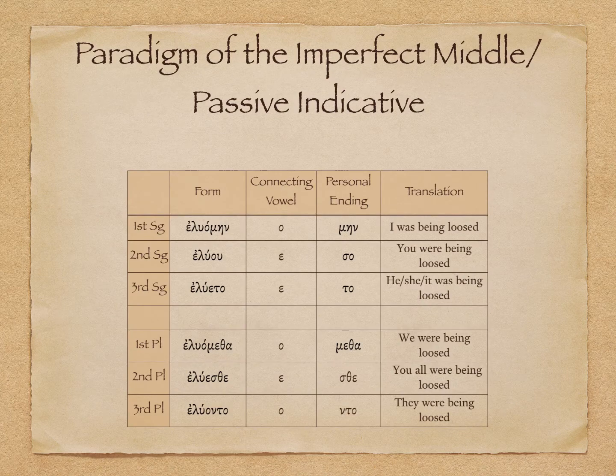So the paradigm of the imperfect middle passive indicative and the endings: mēn, so, to, metha, sthe, nto. Again, so there, the second singular, the sigma drops out. You have the epsilon omicron becoming ou, and the remainder of the paradigm there. Past continuous, middle passive.